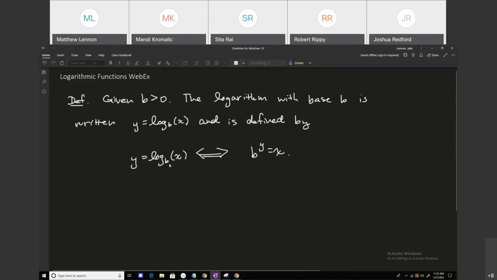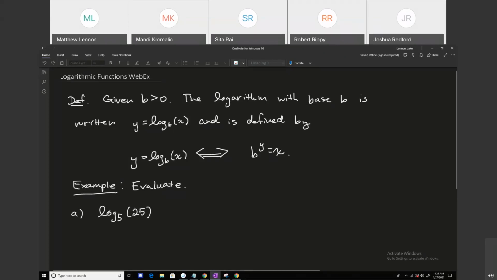So let's first look at how we can utilize this to evaluate some logarithmic functions, or logarithms with just numbers in them. So the instructions for this first example are just to evaluate. So let's say we have log base 5 of 25.